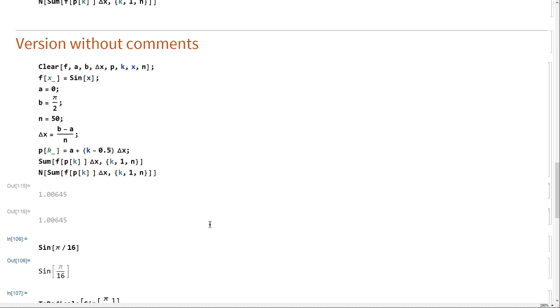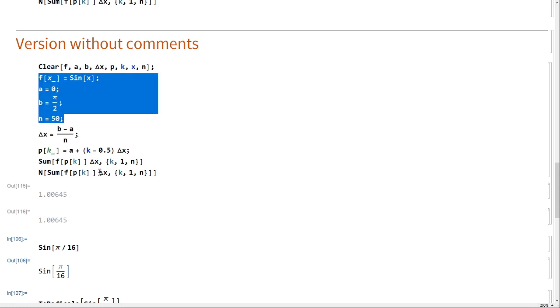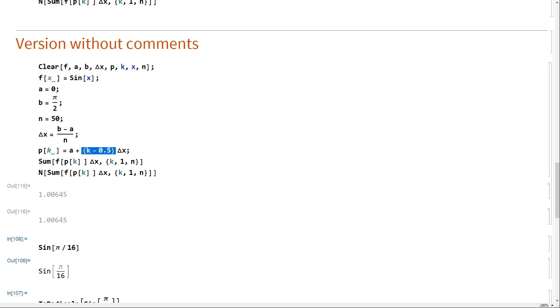The three things you'll have to change when working with this code, and I did post this on Notebowl, somewhere in the Documents tab there's this Riemann sums document. The only things you really have to change are these four and this spot right here.